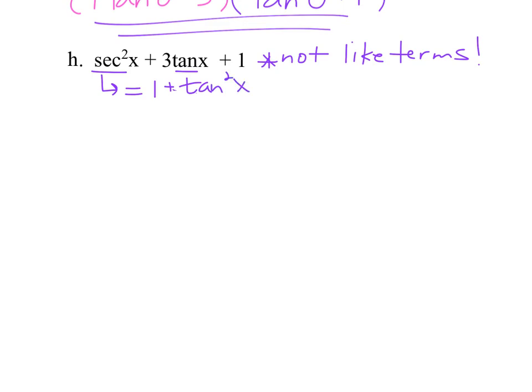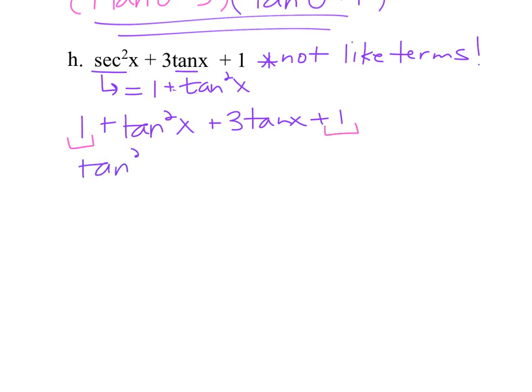If we substitute in that expression, we would have 1 plus tan squared x, and then plus 3 tan x plus 1. From here, I'm just going to combine my constants, and that would be tan squared x plus 3 tan x plus 2. Now this is something that we can factor.